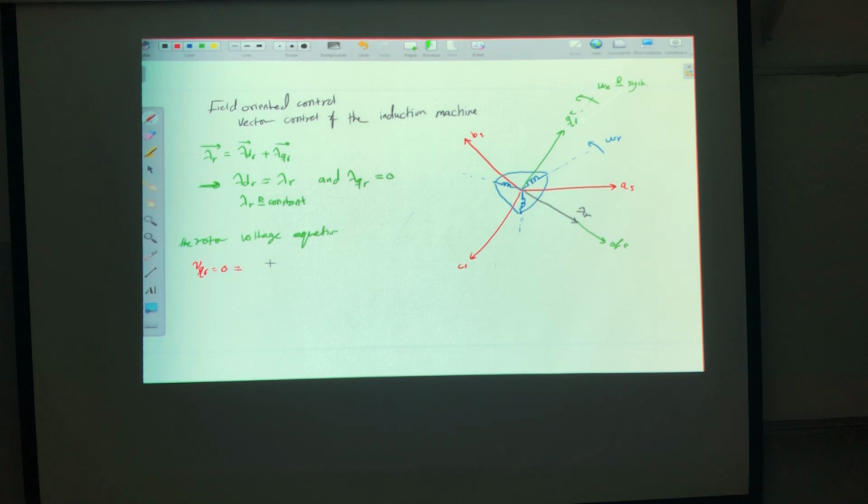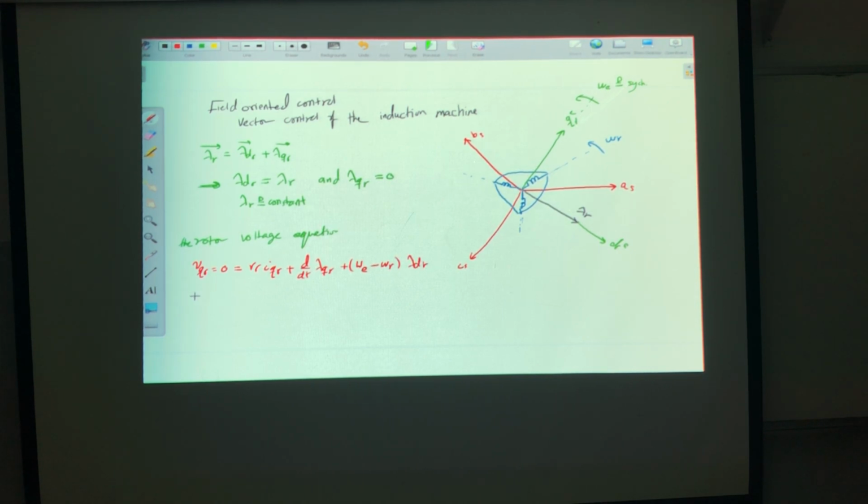Yeah, 0 equals R IQR plus d by dt of lambda qr plus omega, omega what? Omega E. Why? Because my reference frame is rotating by which speed? The synchronous. Omega E minus omega R, times lambda dr.